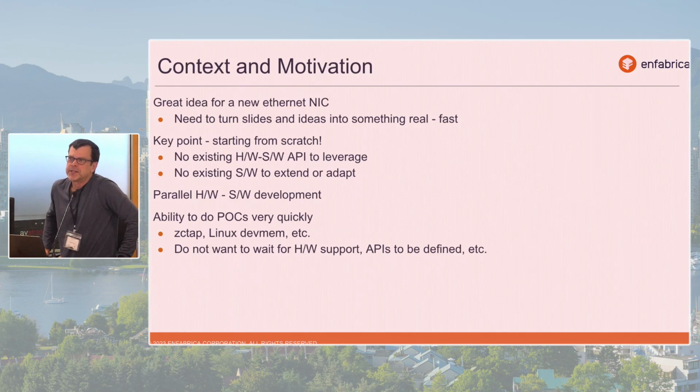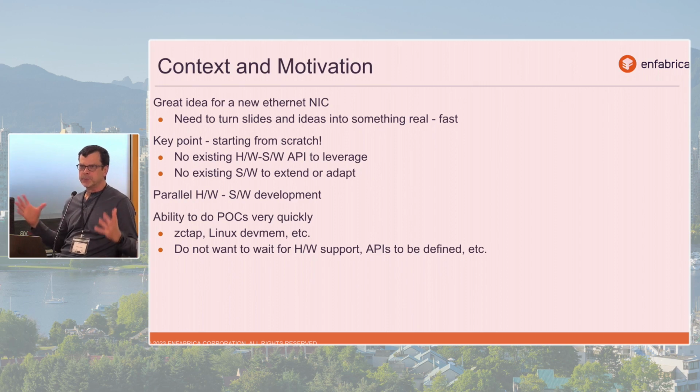So to set some context and motivation, it is the idea that you've got this great idea for some new piece of hardware, and in this case it's an Ethernet device, and you want to turn those slides and ideas into something real, and you want to do it quickly. And so what that means is, you don't want to get hung up by the hardware software interface.